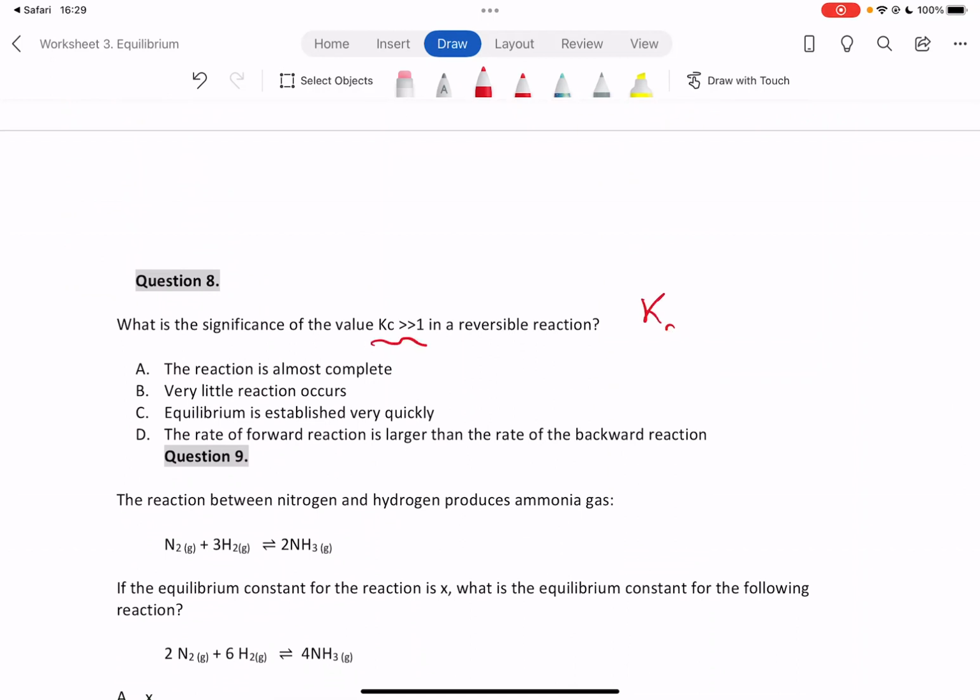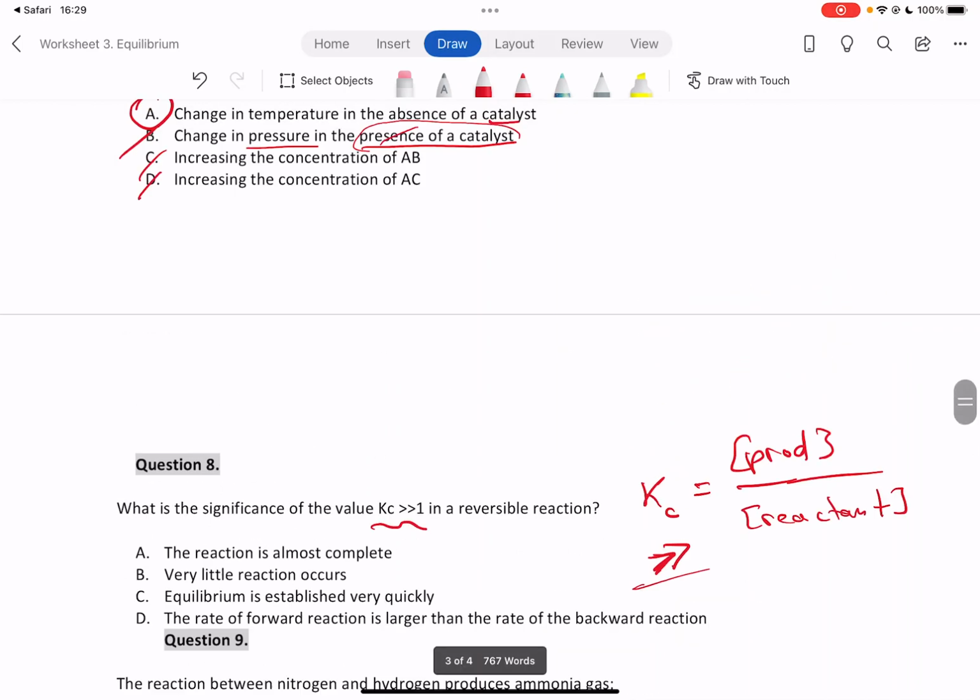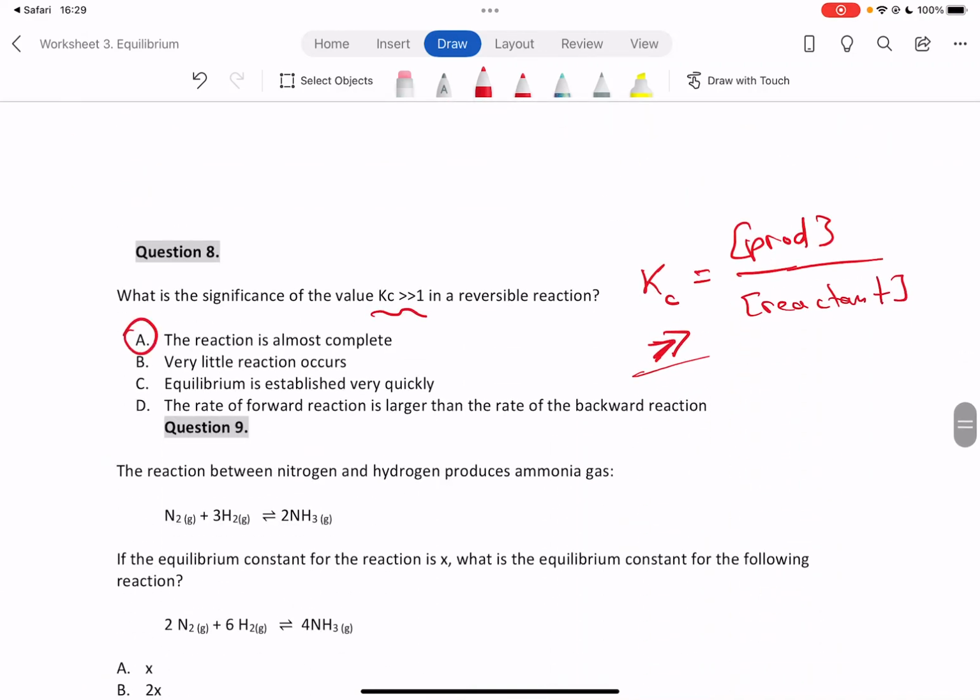So again, we know that Kc is equal to product concentration divided by reactant concentration. So if it is 2, it means that we have a lot more products than reactants. It shows that the reaction is almost complete.